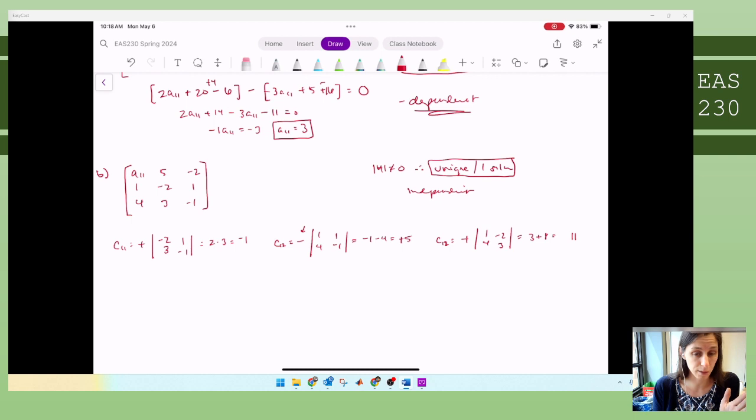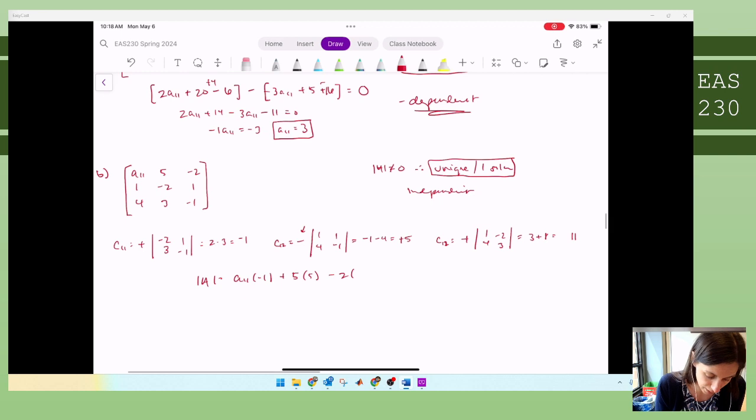I want to go ahead and find my determinant now. The determinant of A is A11 times negative 1, plus 5 times 5, plus negative 2 times 11.